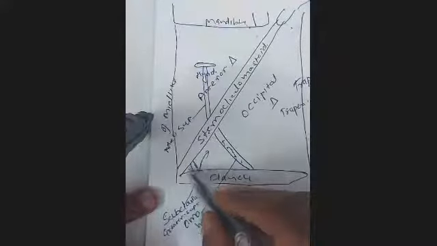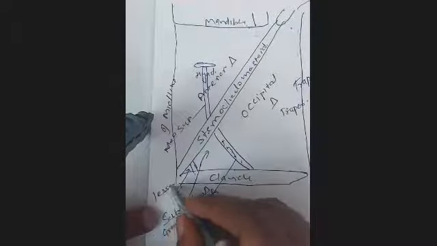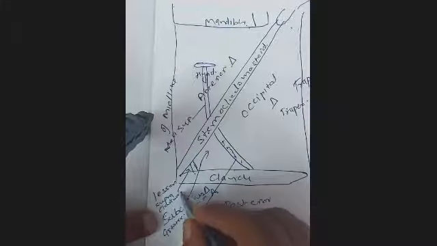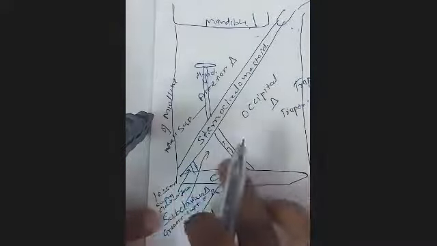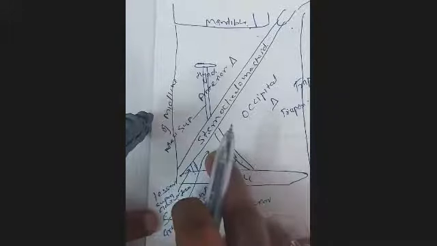And this space between the two heads of the sternocleidomastoid is called lesser supraclavicular fossa. And this entire triangle is called subclavian triangle, also called greater supraclavicular fossa.